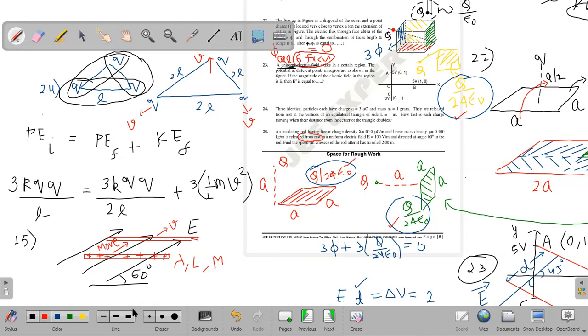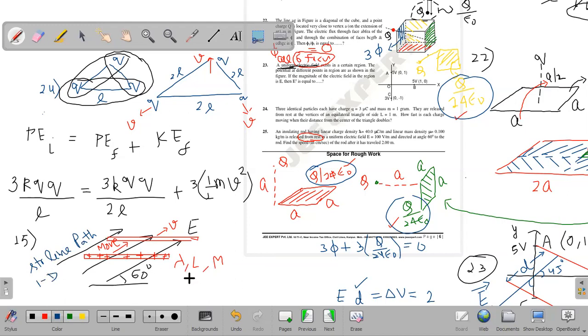It will move along the electric field because it has no initial velocity. According to Newton's law, a particle without initial velocity will move in the direction of the force applied to it, and the force will be along the direction of the electric field. So it is basically 1D motion, a straight-line motion.